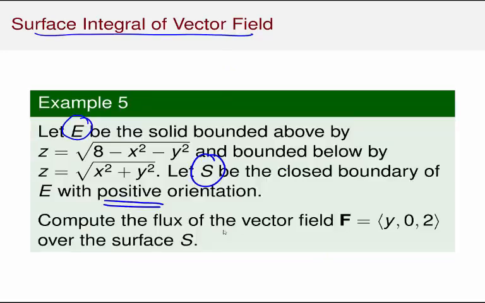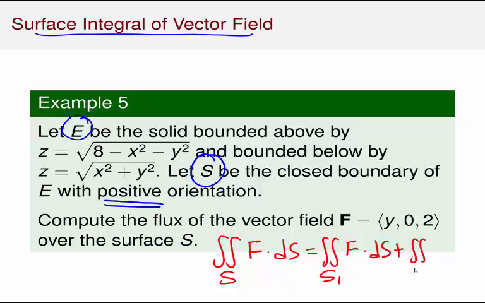Now coming back to our question, here we want to compute the flux of the vector field F over the surface S. Well, basically this is just the surface integral of the vector field F across the surface S. Since S is the union of S1 and S2, we can write this as the sum of the surface integral across S1 and that across S2.